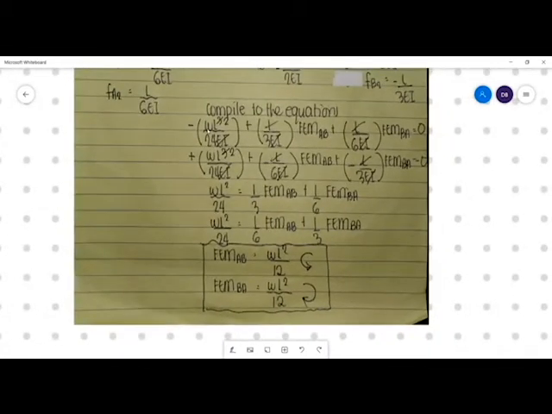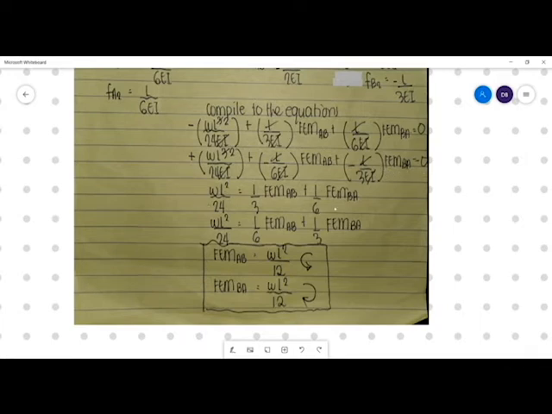We compile all our answers to the equations. Negative WL cubed over 24 EI plus L over 3 EI FEMAB plus L over 6 EI FEMBA is equal to 0, plus WL squared over 24 EI, plus negative L over 6 EI FEMAB, minus L over 3 EI FEMBA is equal to 0.